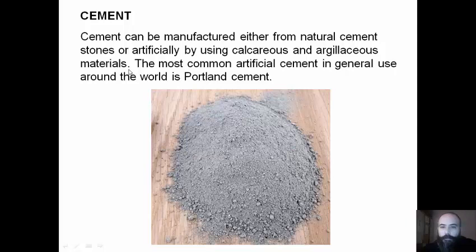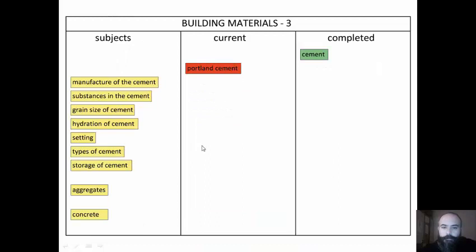The most common artificial cement in general use around the world is Portland cement.